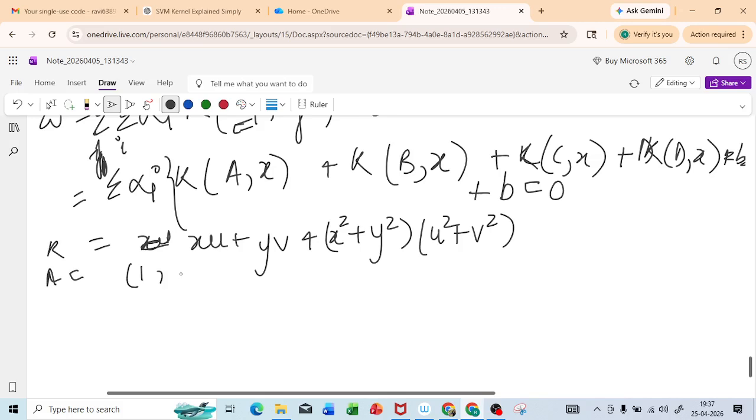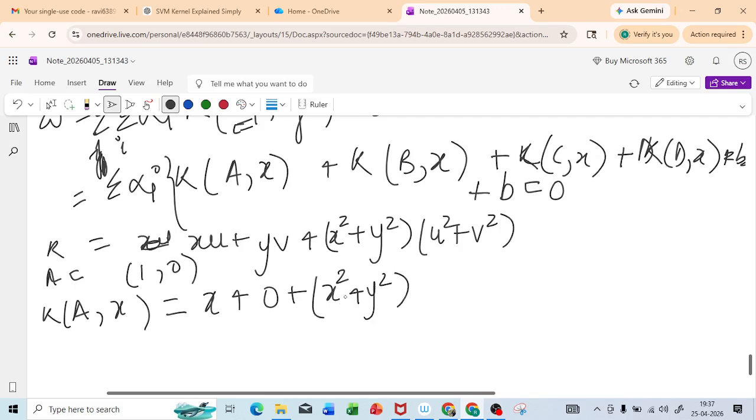So let's quickly write what k of ax would be. x into 1 is x, y into v is 0, x square plus y square let it remain as it is, and u square plus v square is 1. So this becomes this one.